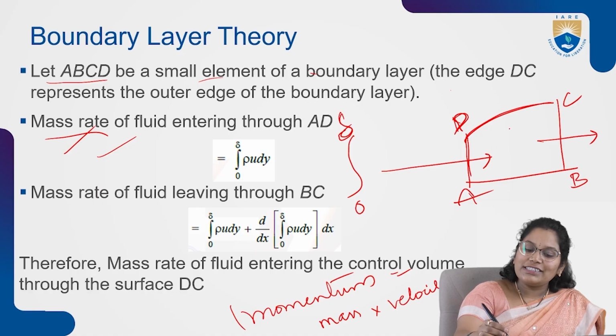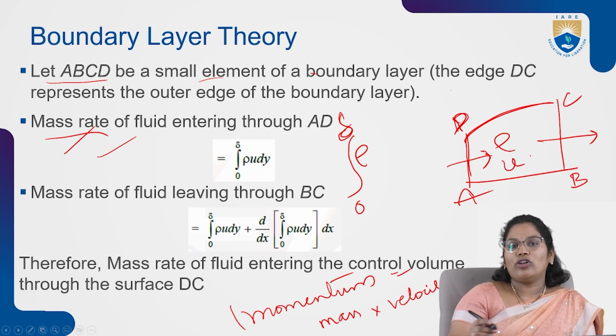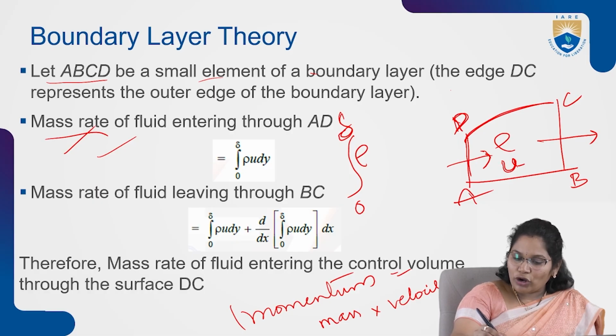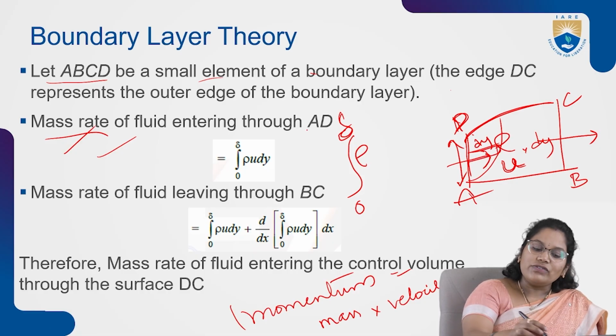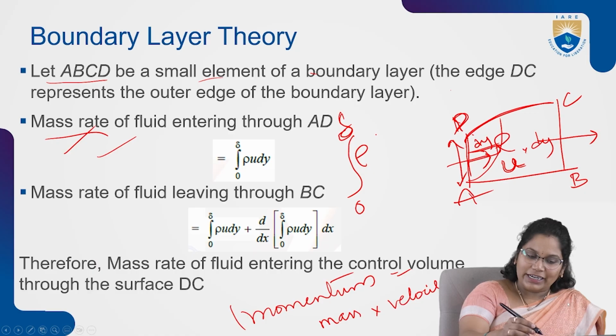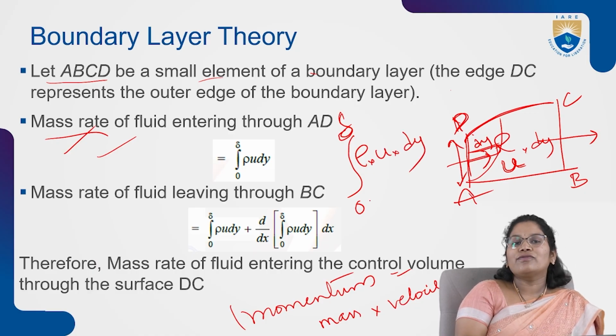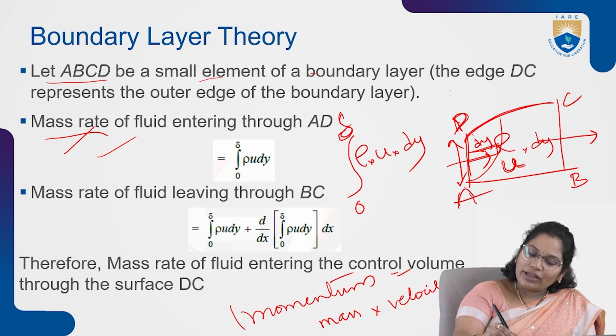The fluid inside ABCD has density rho and flows with velocity small u, varying with respect to y. It is a small element dy. So the integral from 0 to delta of rho u dy is the mass flow rate entering through AD.